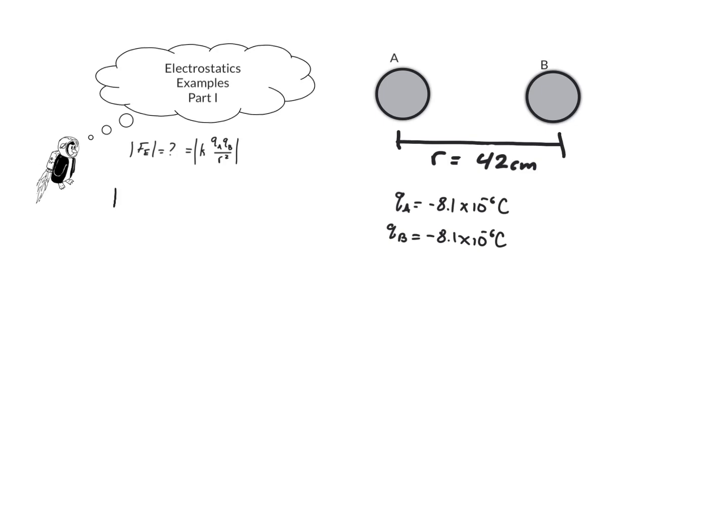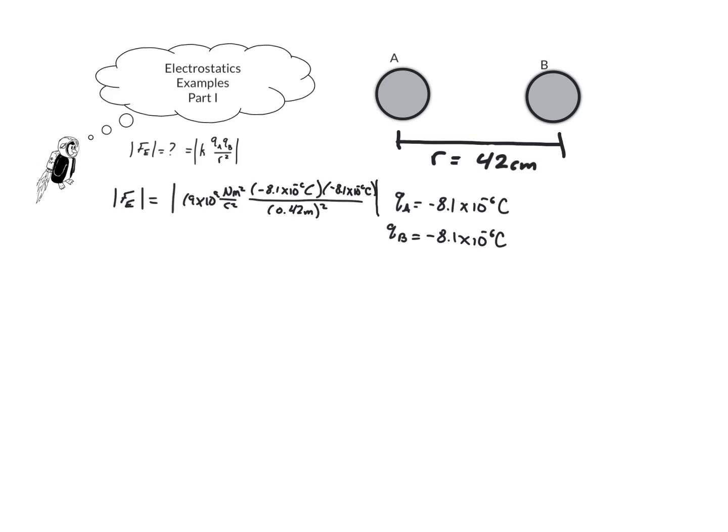So plugging into Coulomb's law to figure out the magnitude of the electric force, we have 9 times 10 to the 9 newton meter squared over Coulomb squared times a negative 8.1 times 10 to the minus 6 coulombs times another negative 8.1 times 10 to the minus 6 coulombs, all divided by 0.42 meters squared.